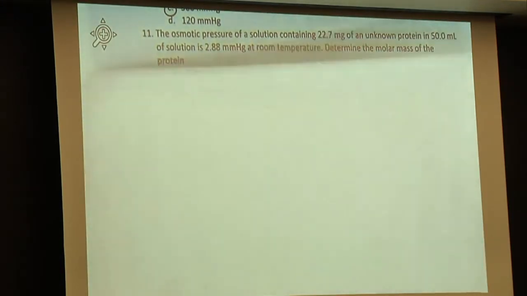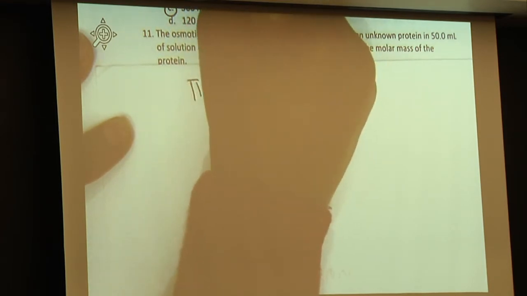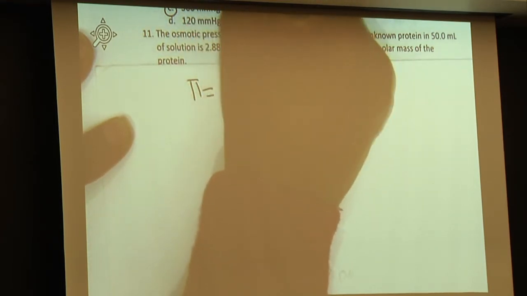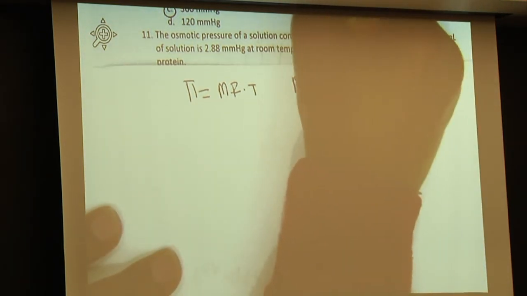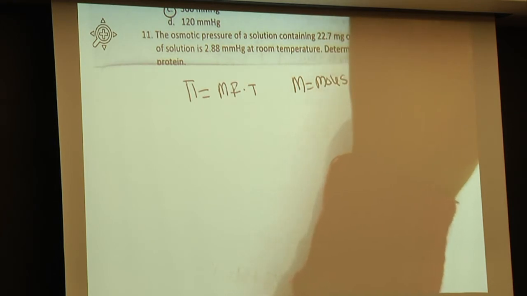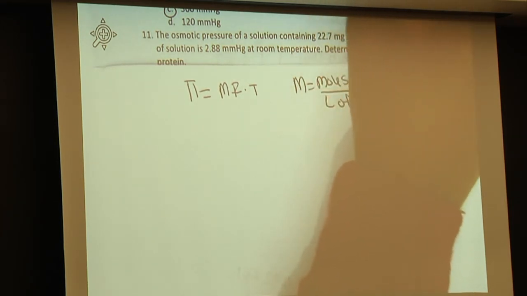So the osmotic pressure equation is big pi equals molarity times R times T. We know molarity is moles of solute over liters of solution.